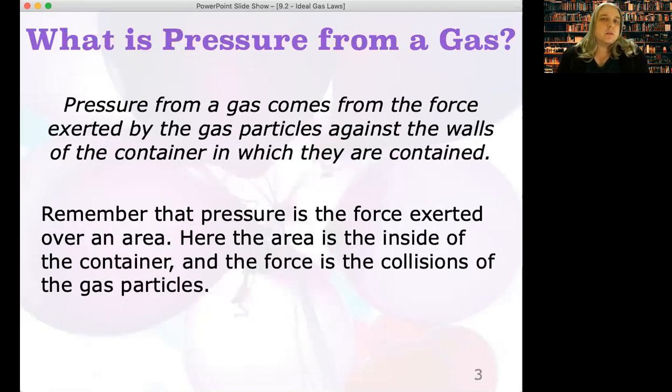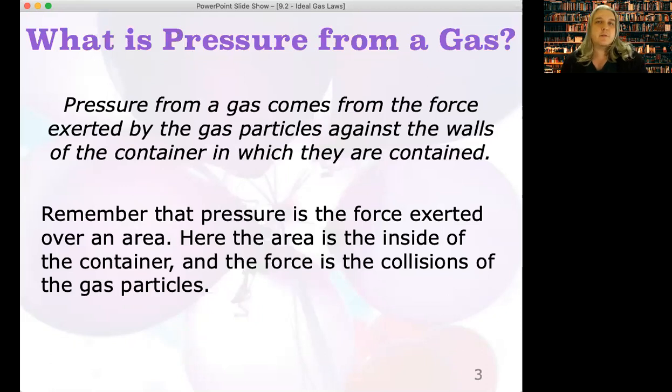So I told you all to remember the idea of a gas being made of all these little particles flying around through space. The gas particles are atoms or molecules that are in a gaseous state. And if you think of gas in that sense, then pressure is pretty straightforward.